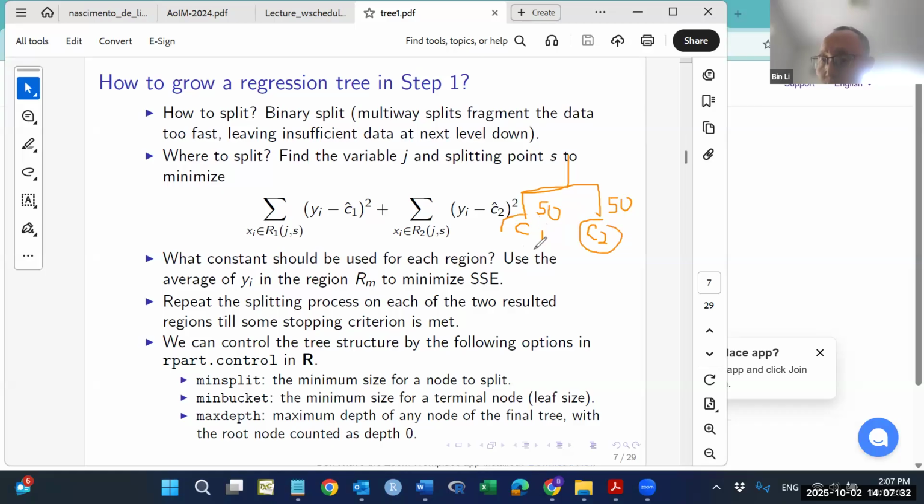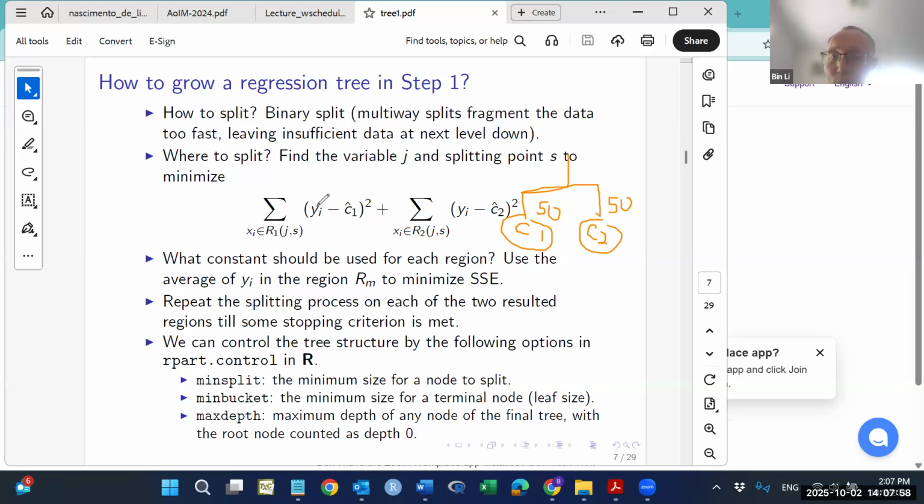The question is, how do we find C1 and C2, these two constants? This is a regression problem. What is the optimal C1, C2? Then you may ask, what is the criterion? What is the loss function we should consider? We need to know the criterion.